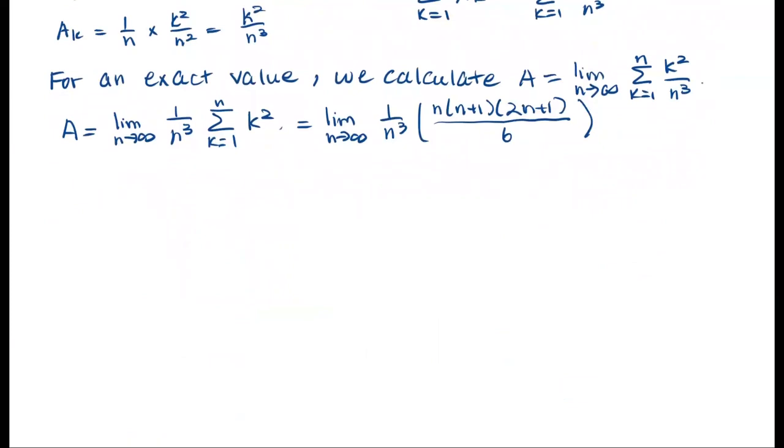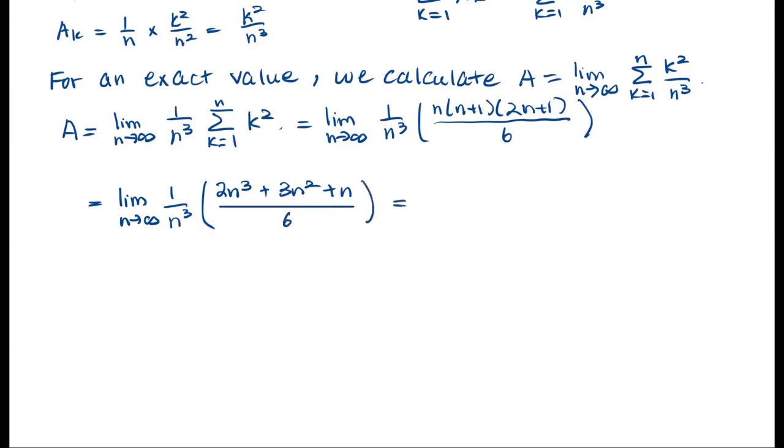And so by expanding everything else, let's go ahead and expand the numerator. We're also missing the limit on the outside. So the limit as n approaches infinity of 1 divided by n cubed. So that's, if we expand this, we're going to get 2n cubed plus 3n squared plus n, all of this divided by 6, right?